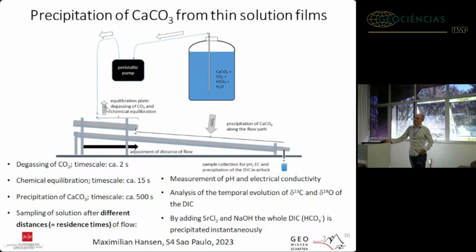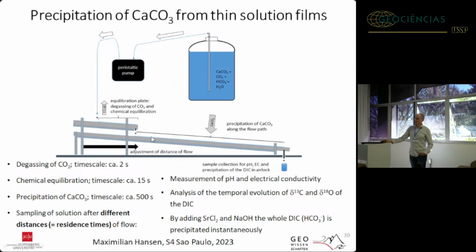So we got the degassing of the excess CO2 and the chemical equilibration with the artificial cave atmosphere, and the solution reached supersaturation with respect to calcite.